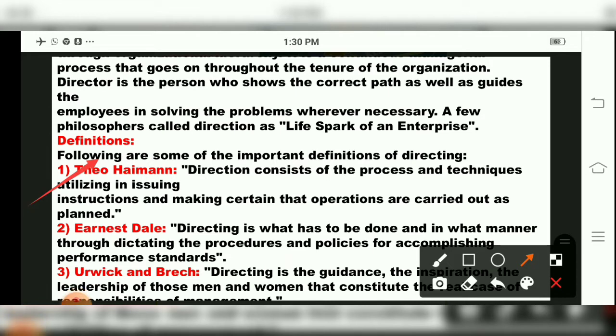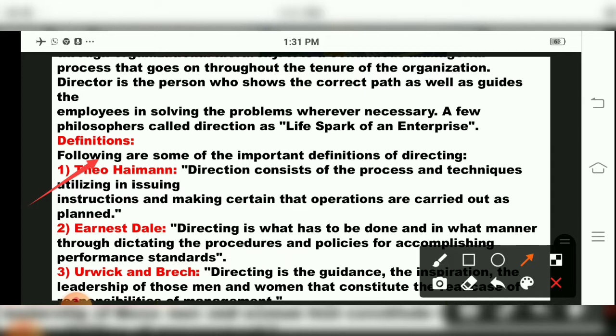Direction consists of the process and techniques utilized in issuing instructions and making certain that operations are carried out as planned. So what is the director's role here? The director gives instructions. Direction means giving instructions, but seeing that whatever instructions are given will accomplish the goal according to what is planned. So whatever operations are done should be planned, and then directions given.